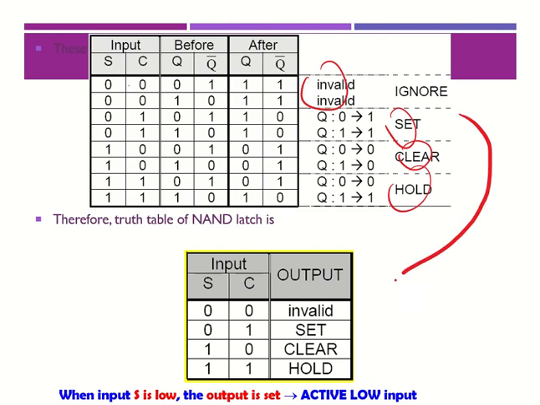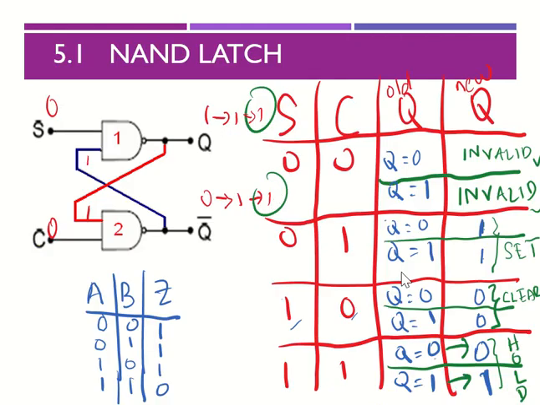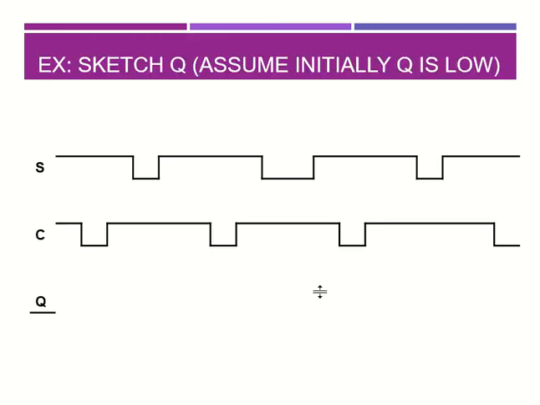So in general, this is your final or simplified version of an AND gate latch, or we also call it SC latch. You can memorize this one, or you can go through it step by step like this to obtain this particular truth table.